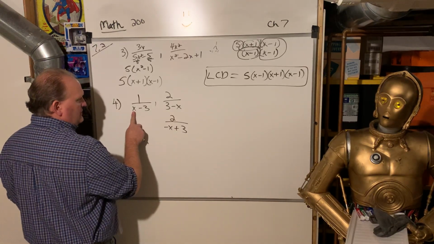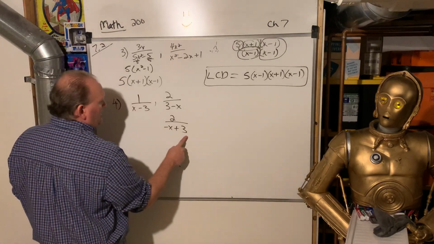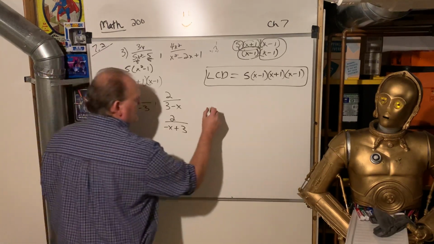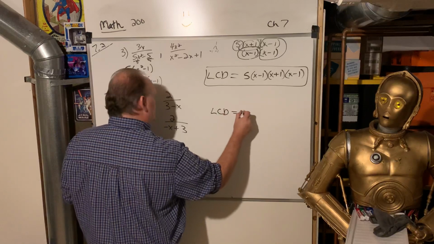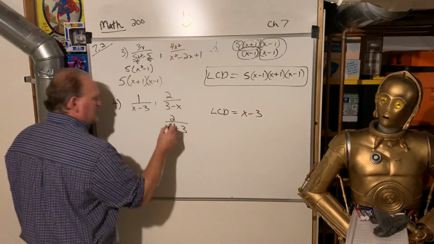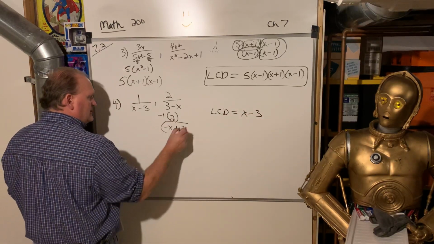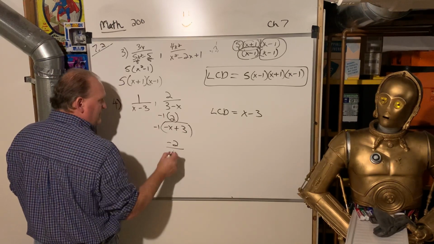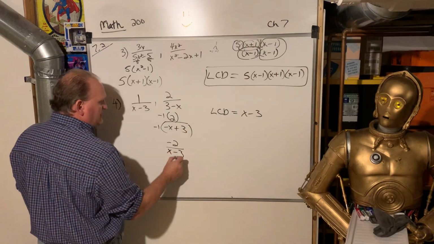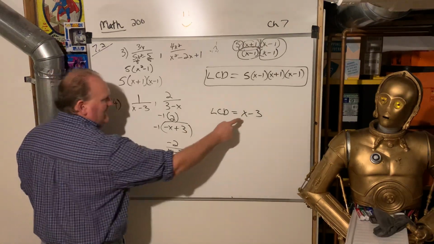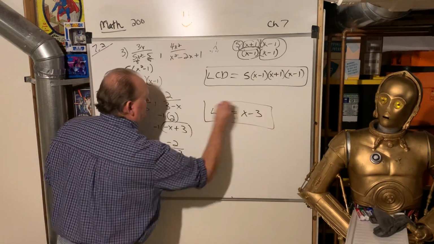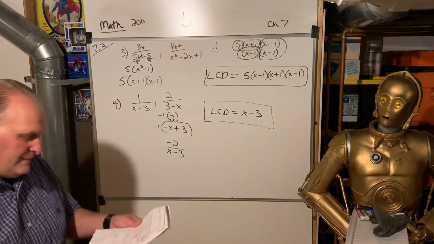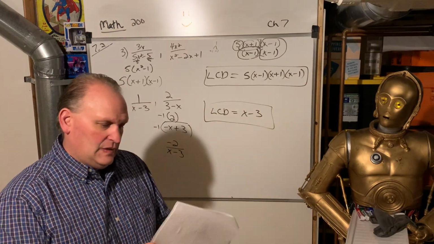This is x minus 3. This is negative x plus 3. Those are exact opposites of each other. So the LCD is actually just x minus 3. We just multiply this by negative 1 top and bottom, and that would get me the negative 2 on top, but then it would be x minus 3 on bottom. So it already kind of had it ready to go.